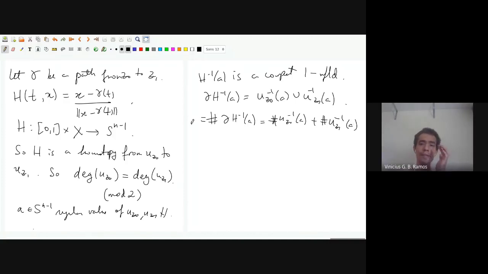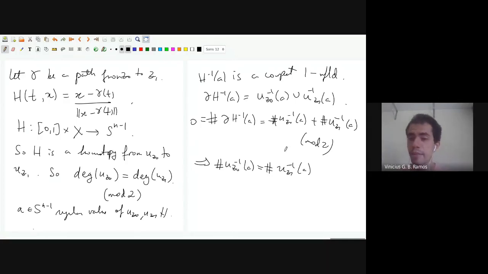And this is 0 mod 2 because you have a compact one-manifold, so the number of points on the boundary is even. So the number of points in the pre-image of A under uZ0 is equal to the number in the pre-image under uZ1 mod 2. It's a very similar proof, but it's actually even easier in Z mod 2. So the degrees are the same, and by definition, these are the winding numbers.